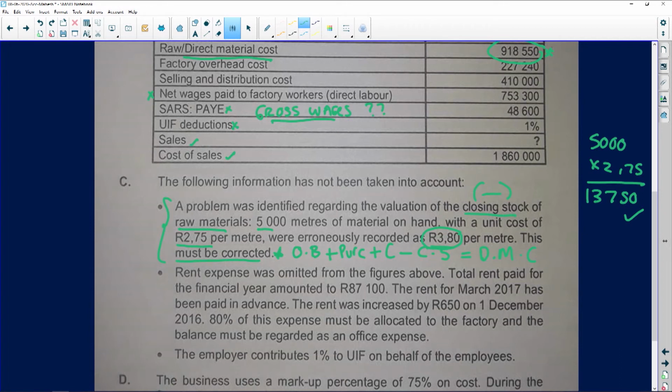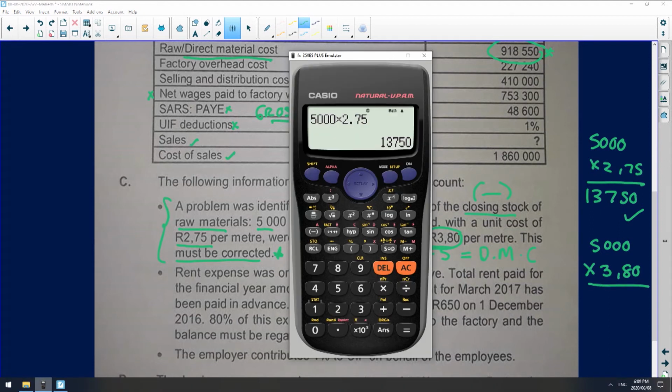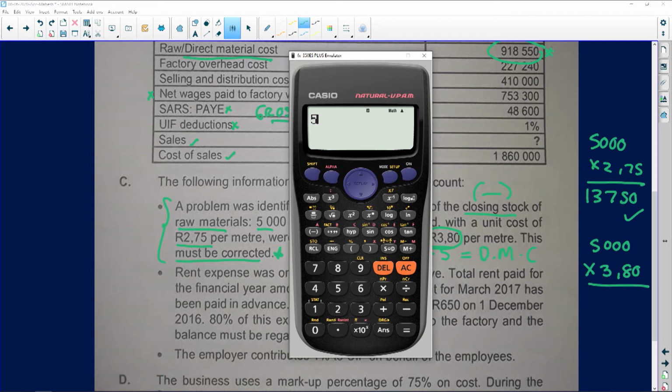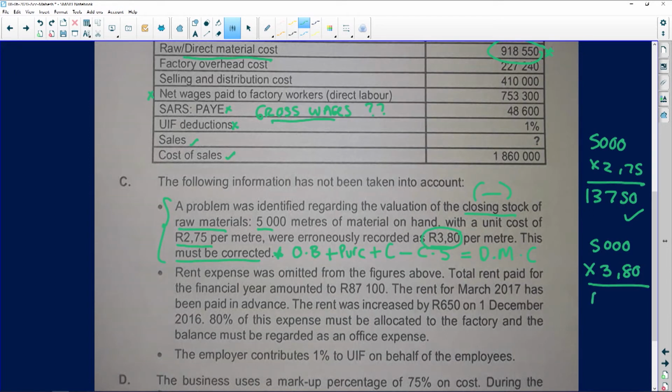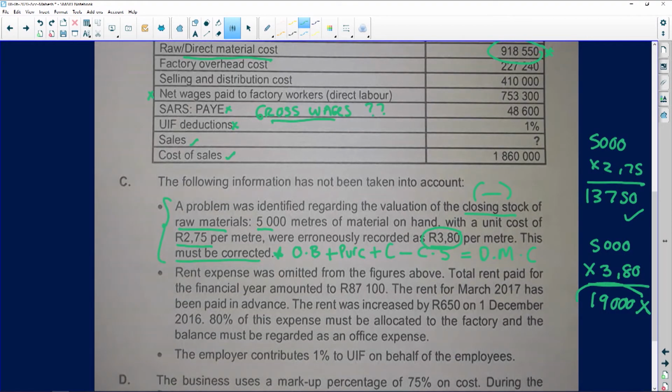So in other words, the error that we made, we took 5,000 times an incorrect meter price of 3 Rand 80, and we subtracted an amount of, let's do that one more time, 5,000 times 3 Rand 80, so we subtracted 19,000, which is clearly an error. As accounting students, you can clearly see that the business subtracted too much.